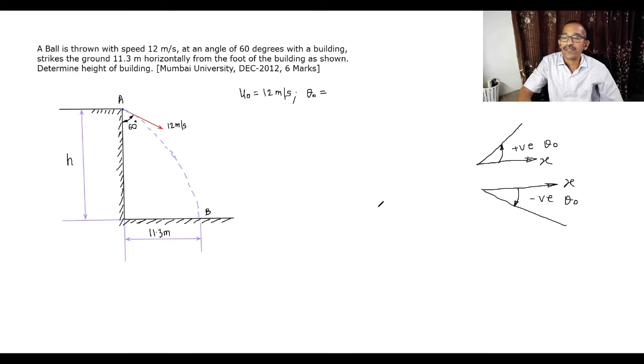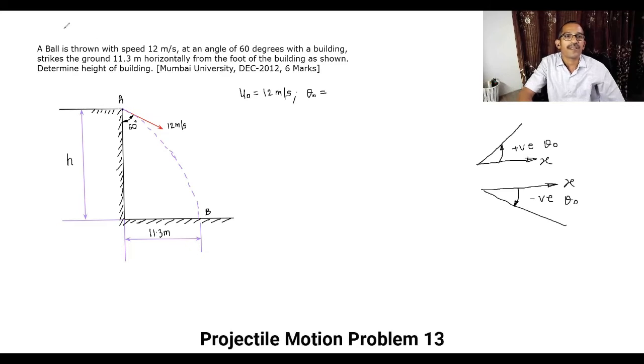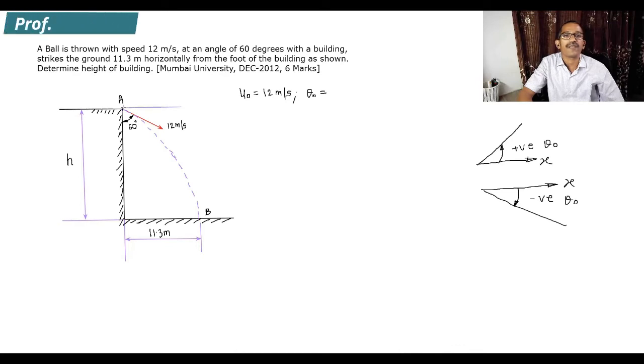And angle theta 0 is never measured with the vertical, it is always measured with the horizontal. So in this figure, if we draw, say this one is your x-axis, this one is nothing but your positive x-axis. So inclination theta 0 is the inclination of this velocity with the horizontal.